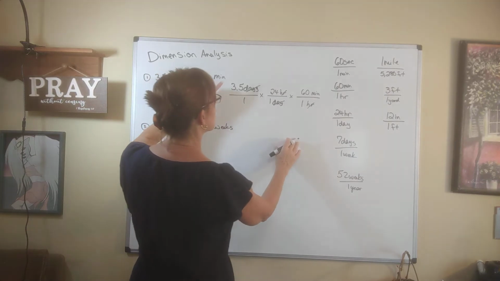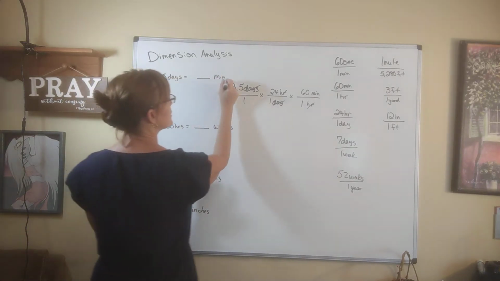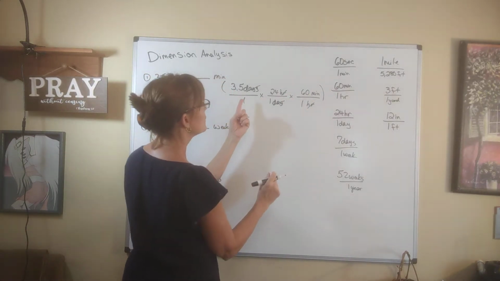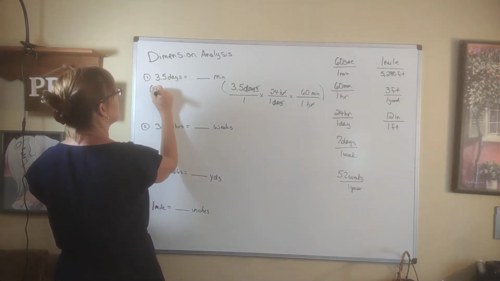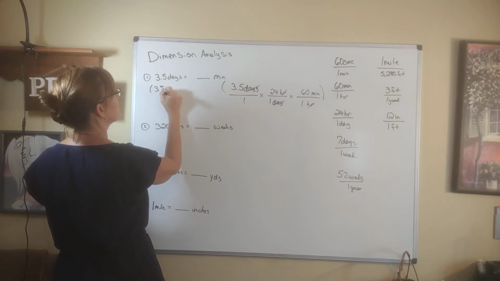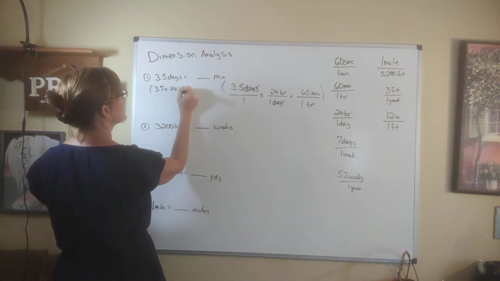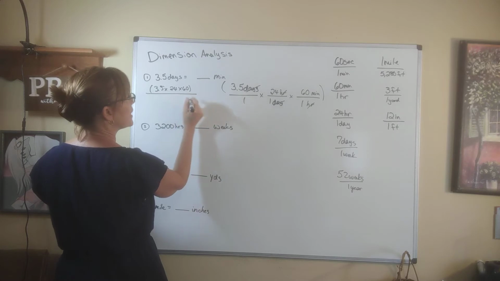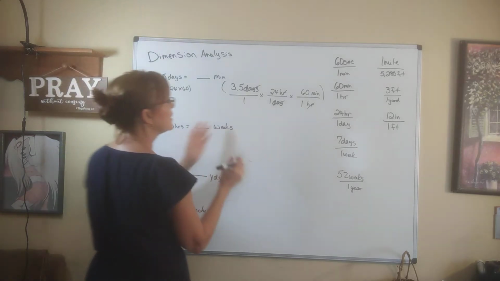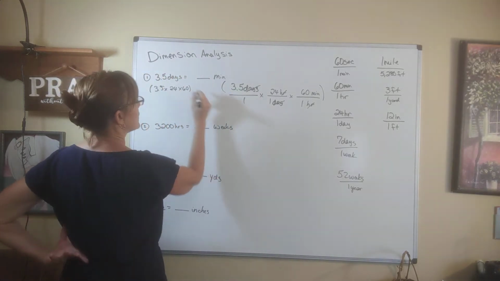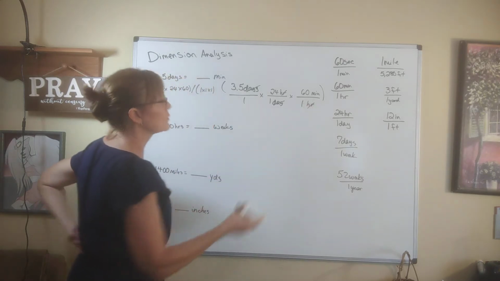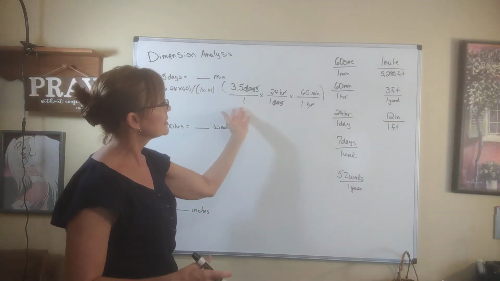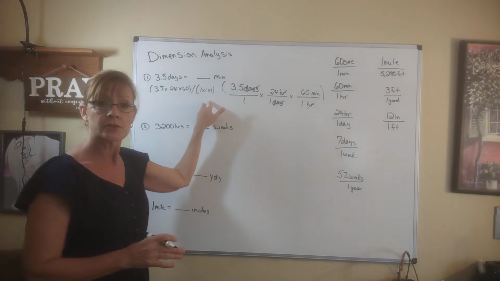And so what you're left with is, if in your calculator you want to multiply the numerators together, 3.5 times 24 times 60, divided by, and in your calculator, if these were not 1s and these were other numbers, I'll use 1s, you'll put divided by parentheses 1 times 1 times 1. Now 1 times 1 times 1 is just 1, so you don't have to really worry about that. But if these were other numbers, that's how you would enter it in your calculator.